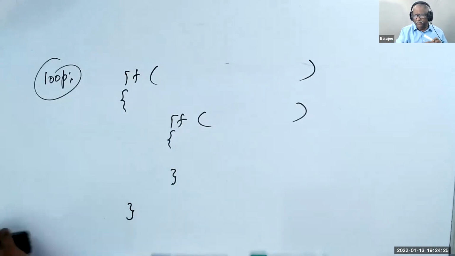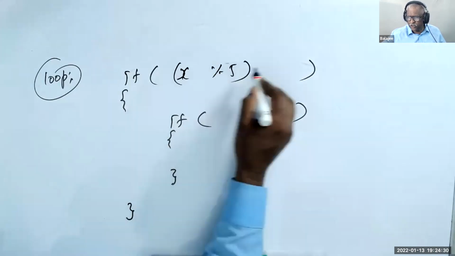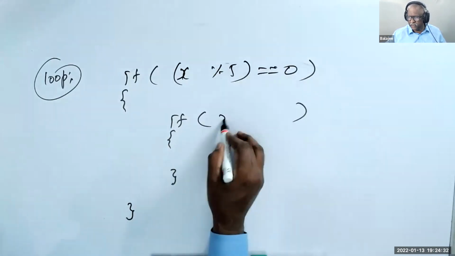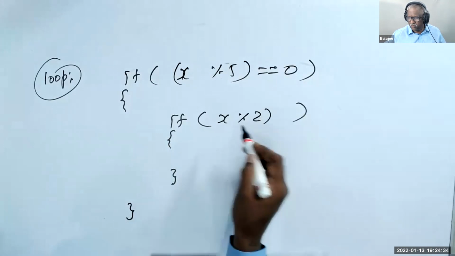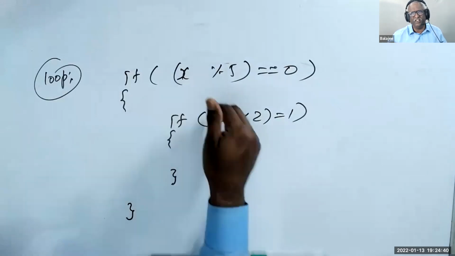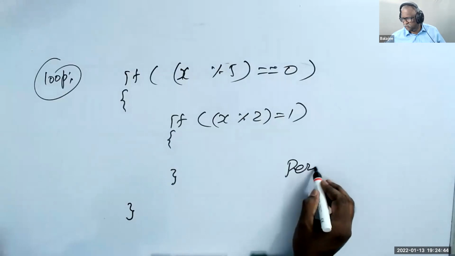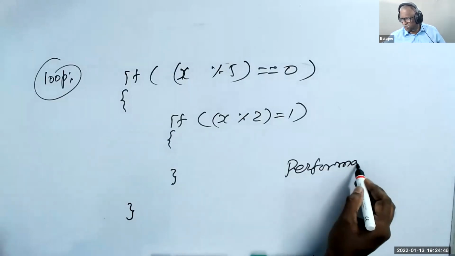Somebody asked me, can I check x % 5 equal to 0, and then x % 2 equal to 1? Okay, there are two things. Right now we are discussing this, and this comes under the thing called performance optimization.